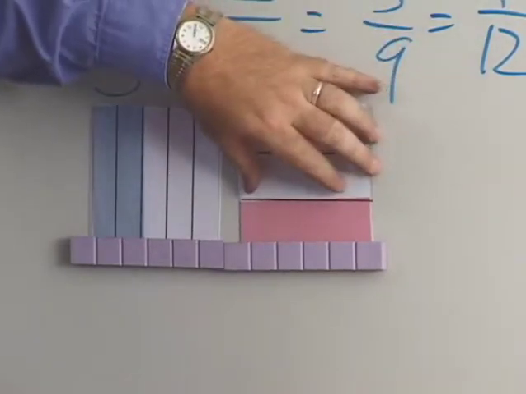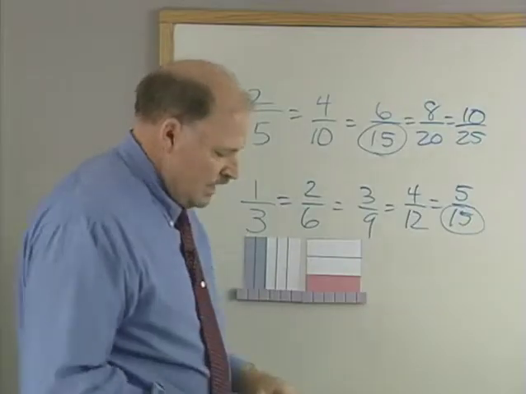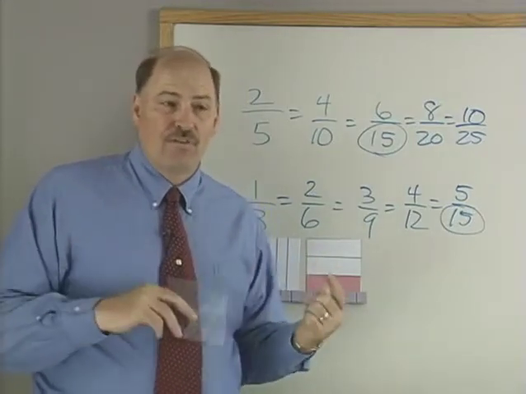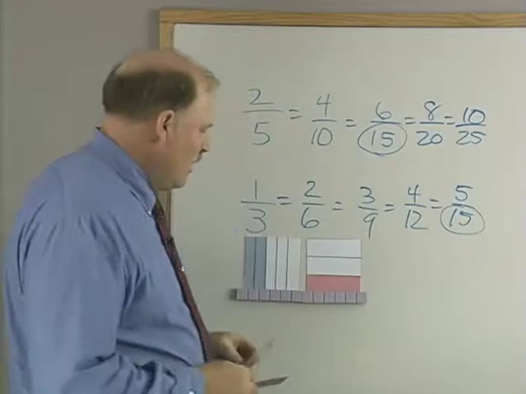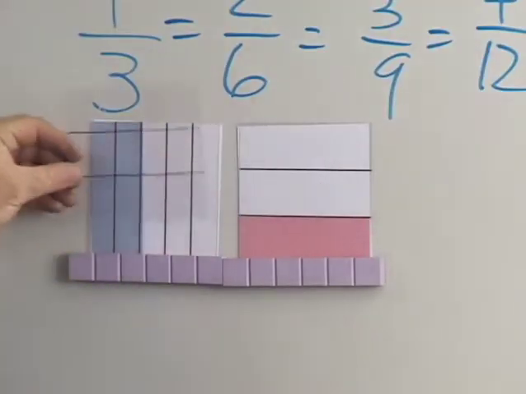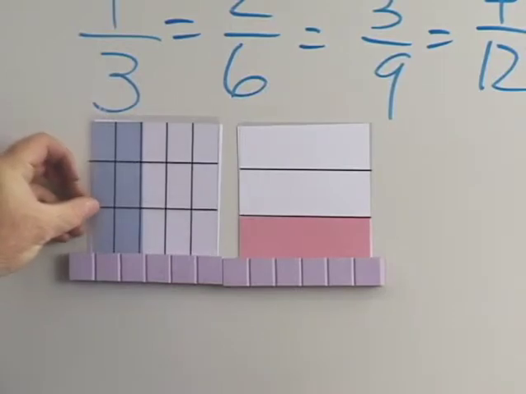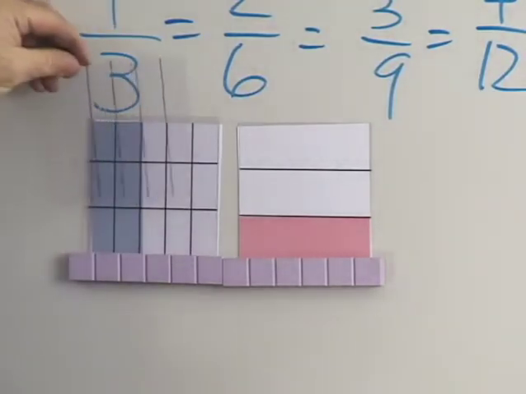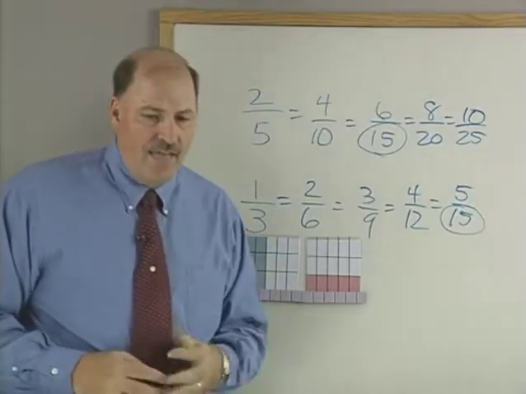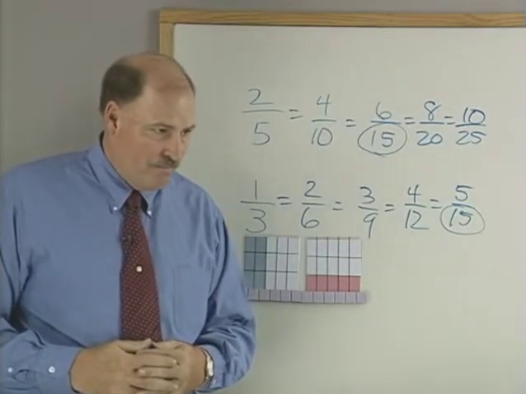Now, here is the shortcut. When you are adding, all you do is you take the other third overlay and put it on top of the 5ths, and take the other 5 overlay and put it on top of the thirds, and that will always work, right?